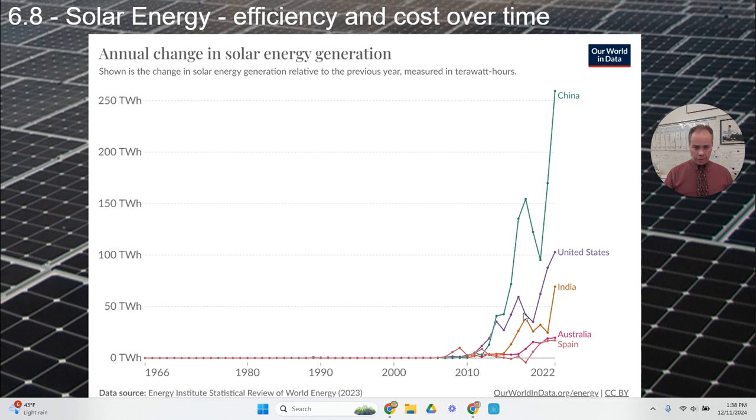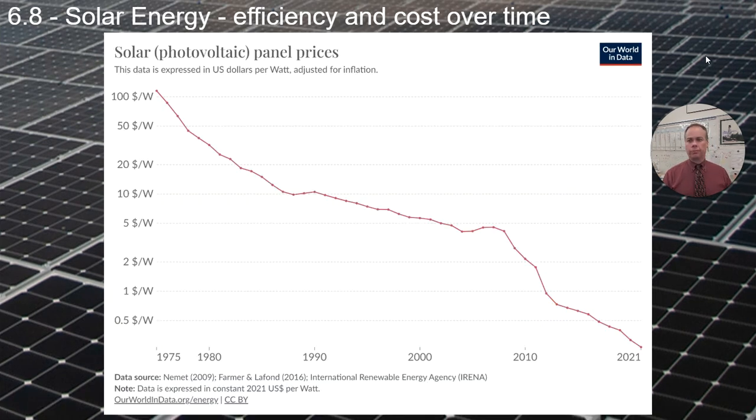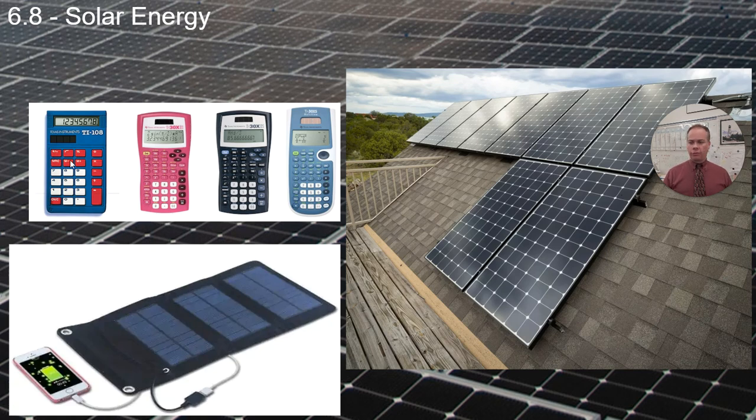And we can see similar trends in the United States and India and other areas, a rapid increase since 2000 or so. And we could also see one of the reasons for that rapid adoption is the prices. This represents how much photovoltaics cost per watt generated, and we could see early on when these panels were first becoming available, it was about $100 per watt, and we can see today we're well below $1 a watt, and it continues to decrease.